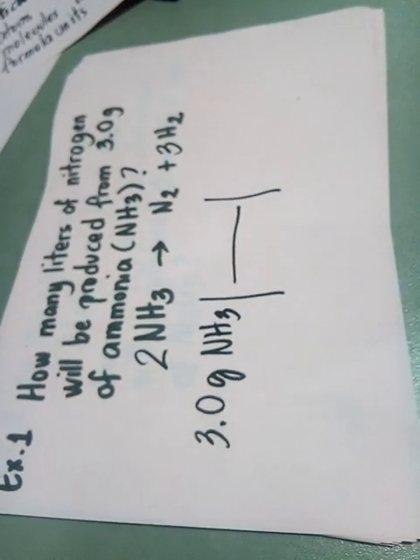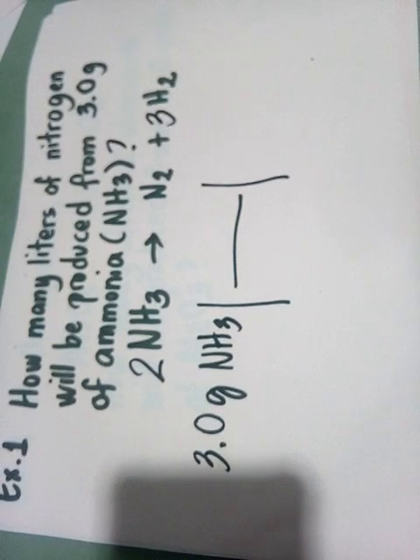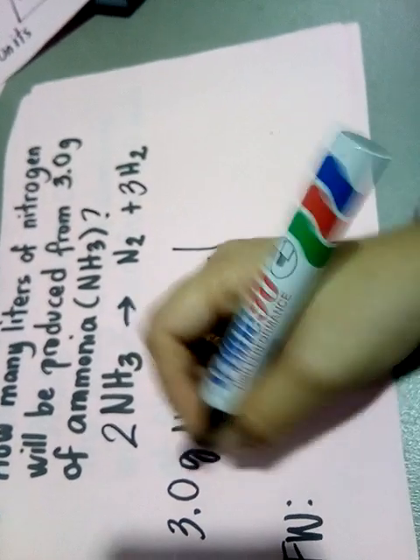As previously discussed, we cannot use the mole ratio because we don't have moles as our unit yet. So let's convert grams to moles. What do we need to get the relationship between grams and mole? Yes, we need the formula weight. For the formula weight of NH3, we count the number of atoms again.